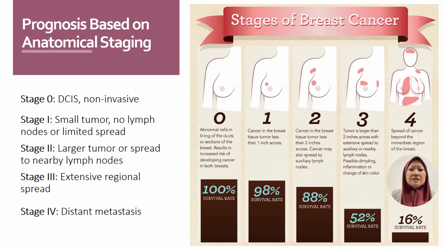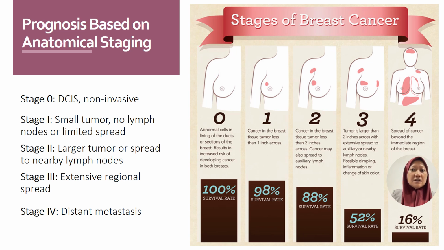Stage 1, the tumor is small, typically measuring up to 2 cm, and has not spread to nearby lymph nodes. Stage 2, the tumor may be larger, ranging from 2 to 5 cm, or it may have spread to 1 to 3 nearby lymph nodes.